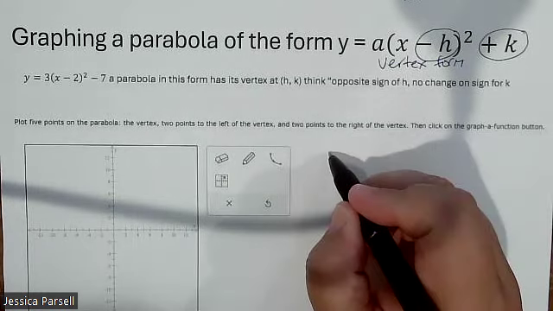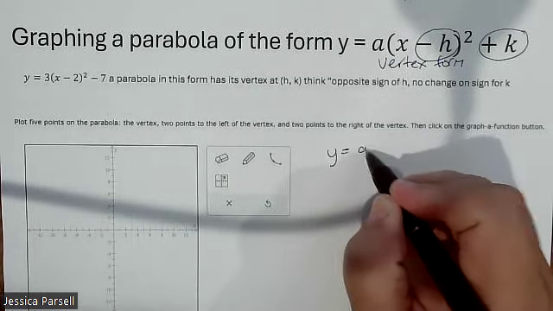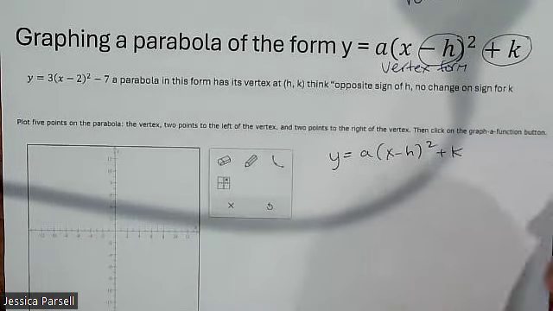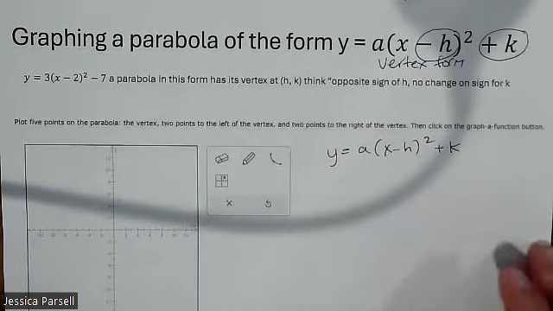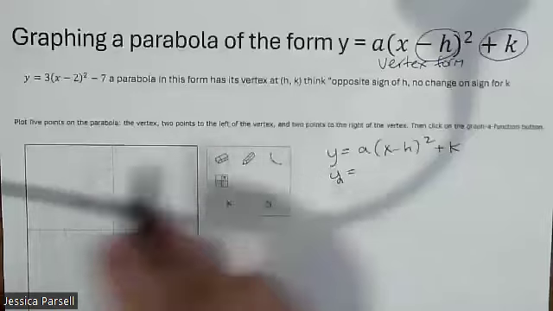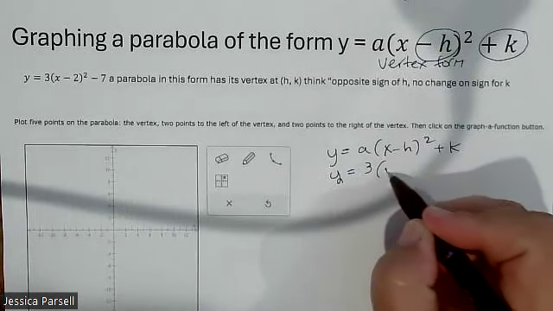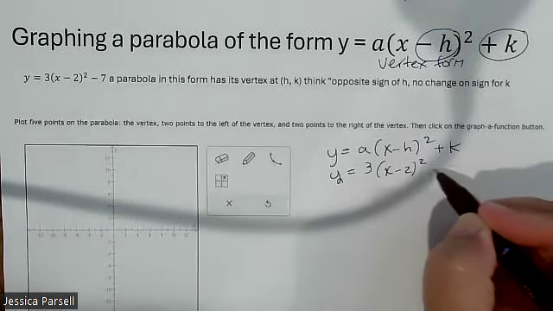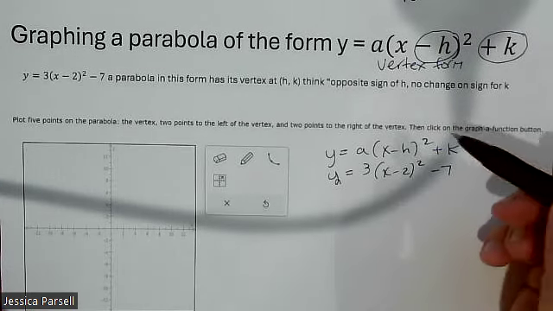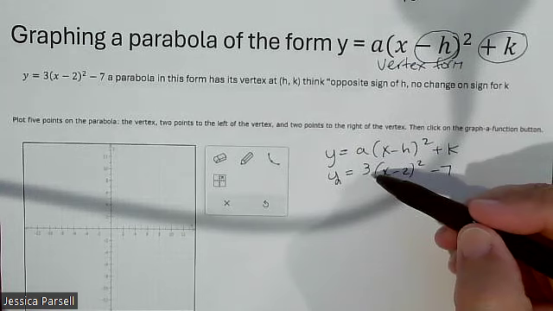So I'm going to see if I can try to explain that a little better. This is the standard format of a parabola written in this special vertex form. And I'm just going to duplicate this example problem right below it so we can match things up. So notice our a value is 3.